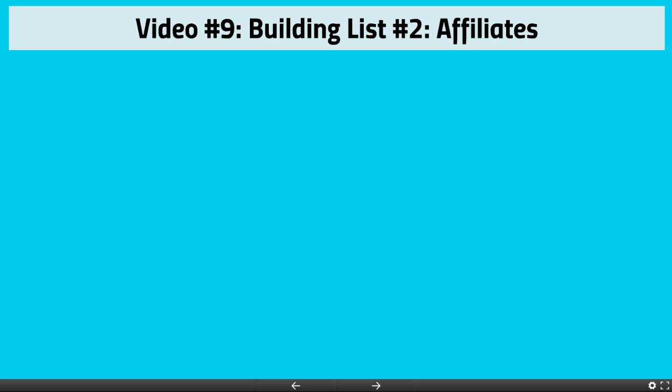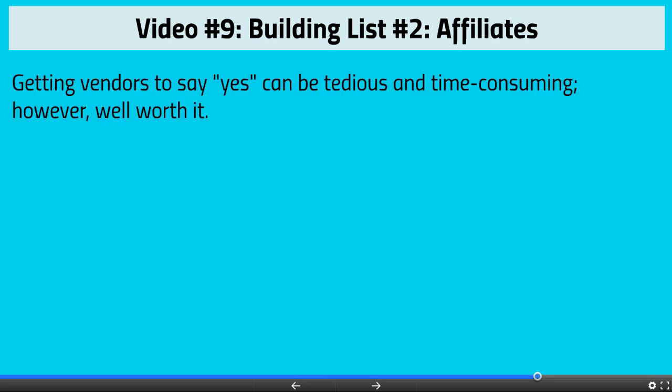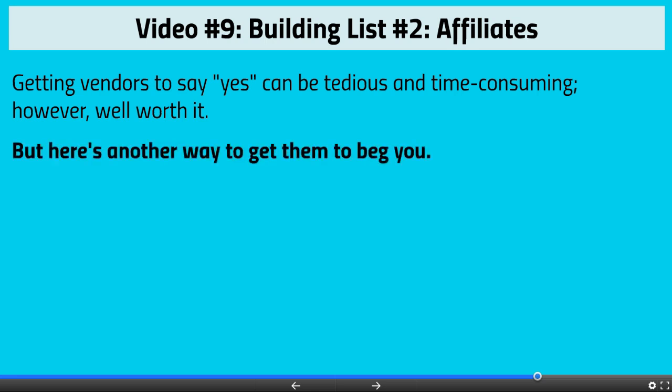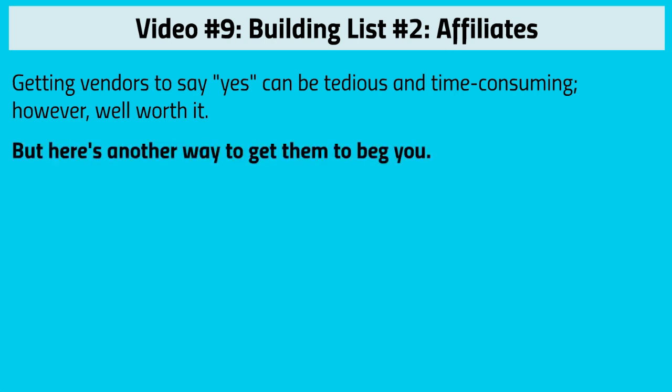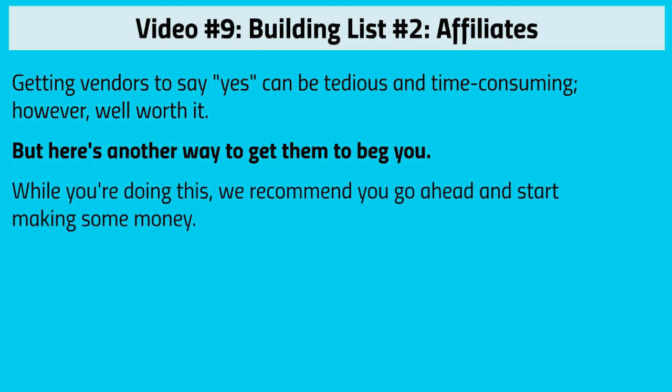I'll explain in just a minute how you can go about doing this. So getting vendors to say yes can be tedious and time consuming, however, very well worth it. However, that said, there is another way to actually get them to come to you and get them to beg you.